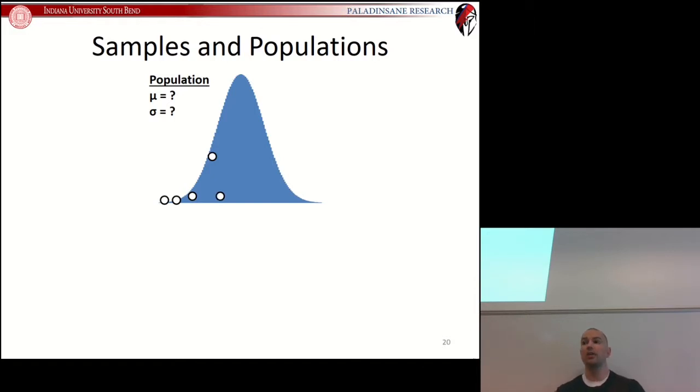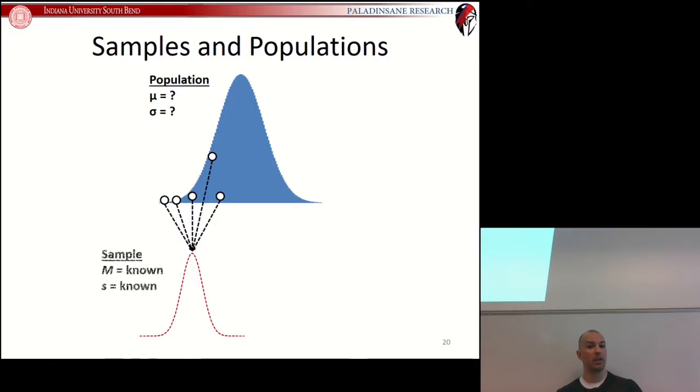So that's another 5 individuals. But when we calculate the mean for this sample, we're going to get a very different sample mean. And in this case, we're going to very greatly underestimate the population mean in this instance.